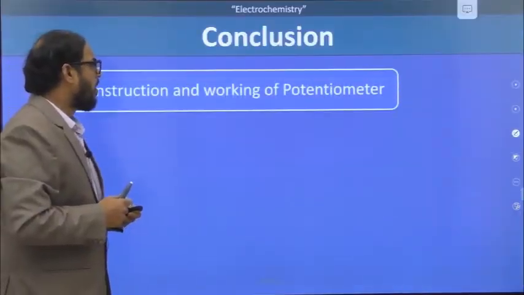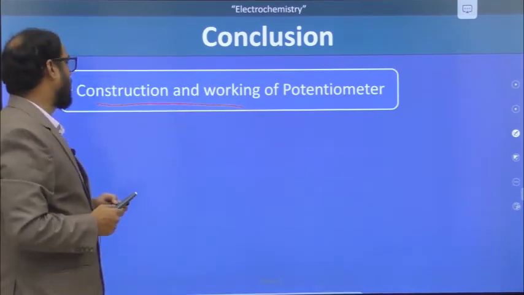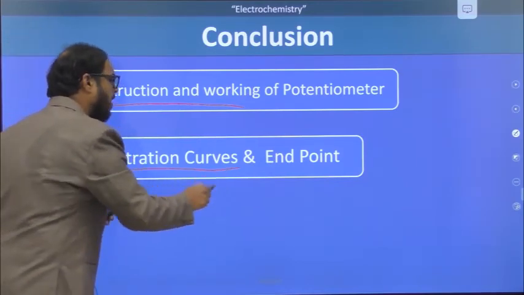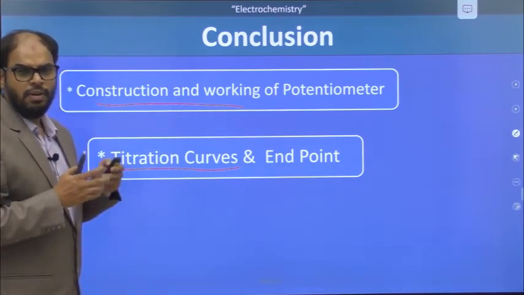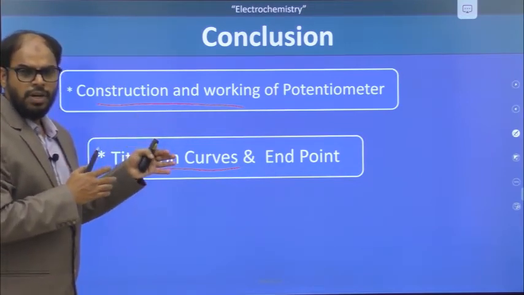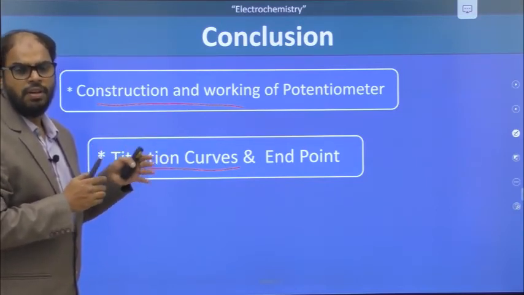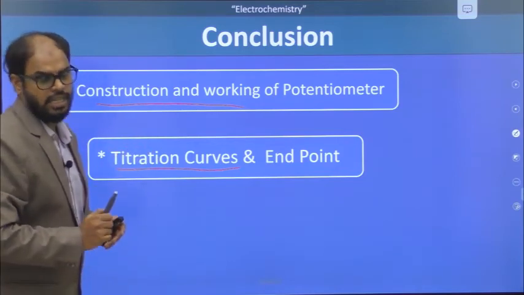Finally, from this lecture, we have understood the construction and working of a potentiometer, and we have tried to understand different titration curves. Whenever we want to find out the equivalence point, we have found out that the equivalence point can be measured from a simple potentiometric titration curve, where we have taken the potential on the y-axis and the volume of the titrant on the x-axis.